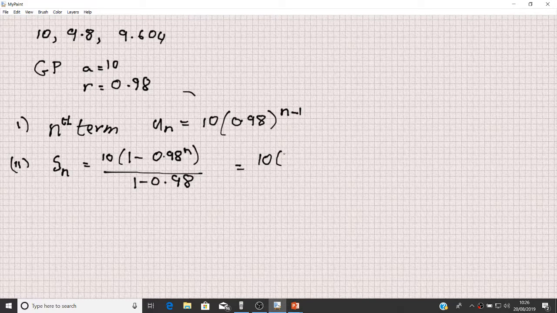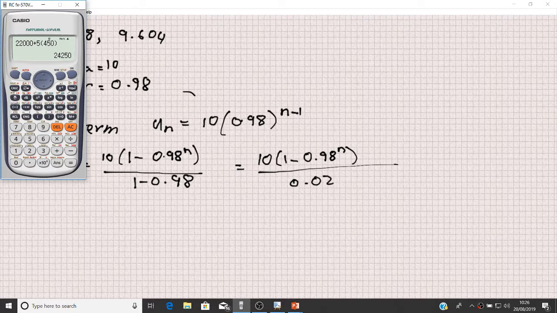The denominator simplifies down to 0.02, so we can say 10 times 1 minus 0.98 to the power of n over 0.02. Now if I divide 10 by 0.02, I will end up with 500. Just double check that to be sure.